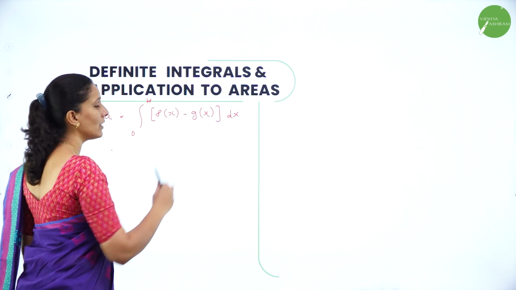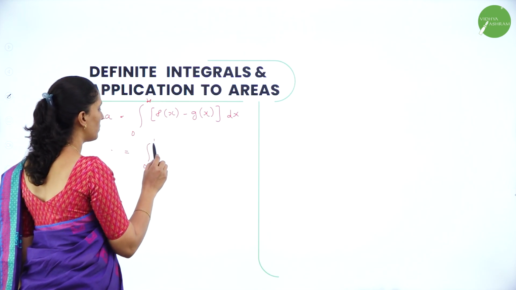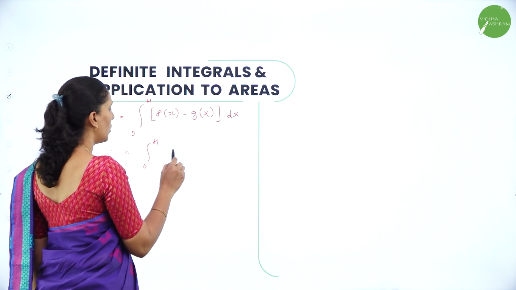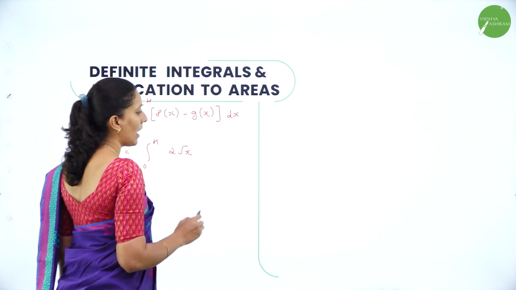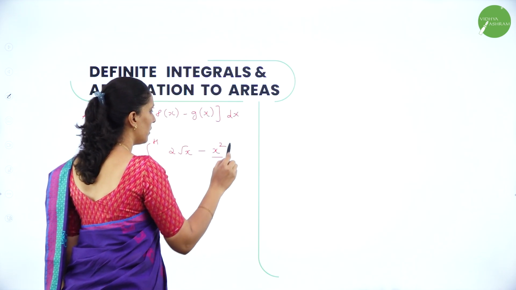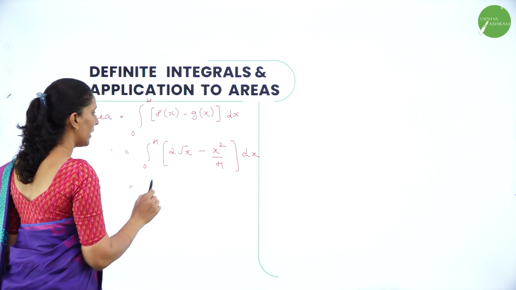So here I am taking the whole function with respect to x now. So we have the integral from 0 to 4, f of x, the first function, can be taken as 2 root x, and the second function can be taken as x square by 4, with respect to dx. So let us integrate them.